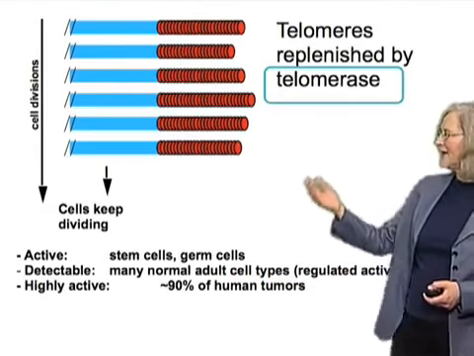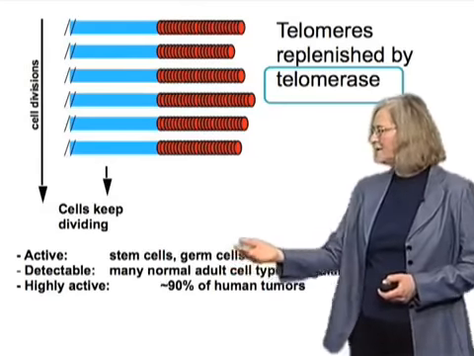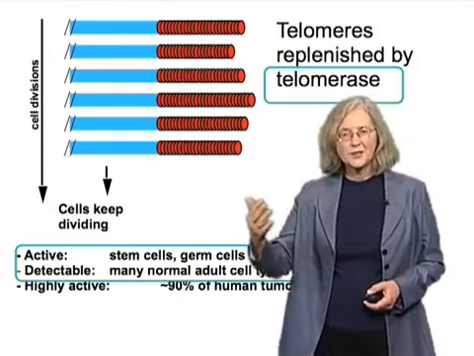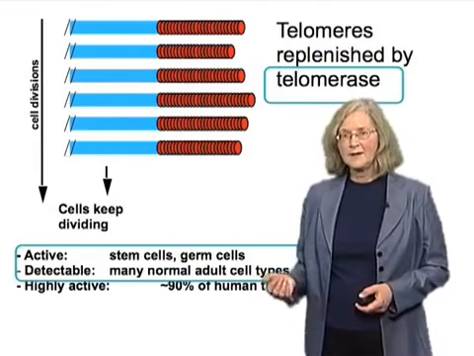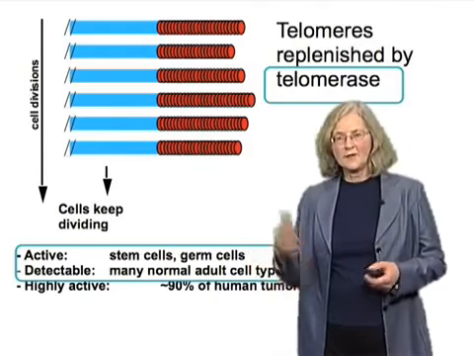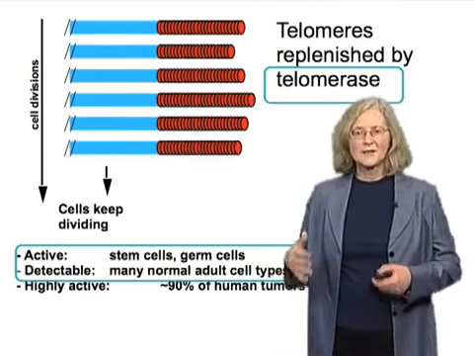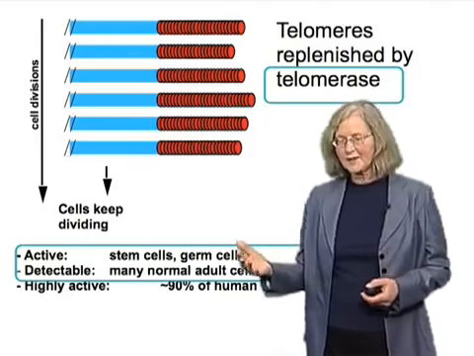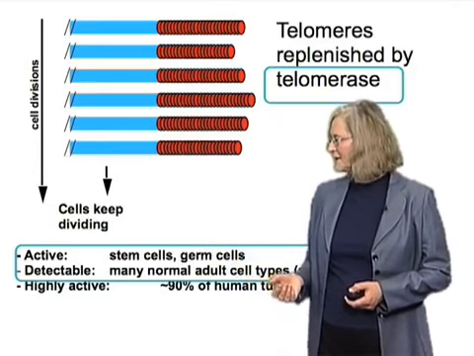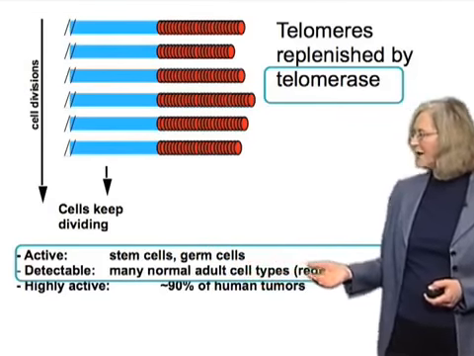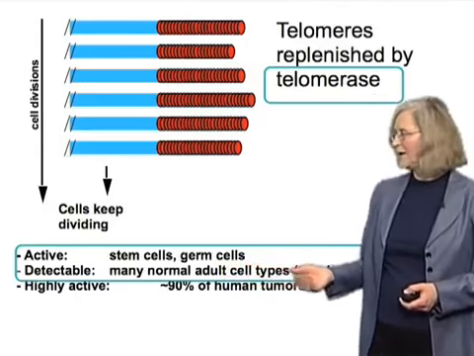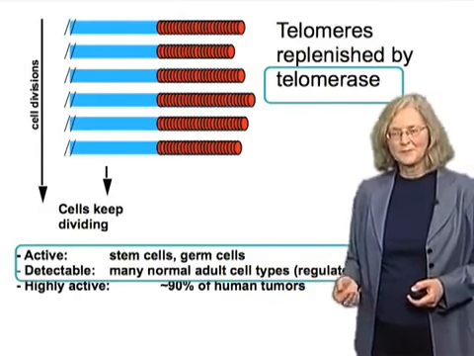So telomerase in the setting of normal cells is found in stem cells, which are necessary for replenishing tissues throughout the lifespan, such as immune system stem cells, hair follicle stem cells are one class, stem cells in the gut. There are a lot of cells that replenish tissues throughout life, and one finds telomerase in these. But one also does find detectable levels of telomerase in many normal adult non-stem cells as well.